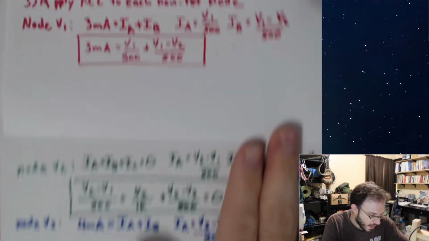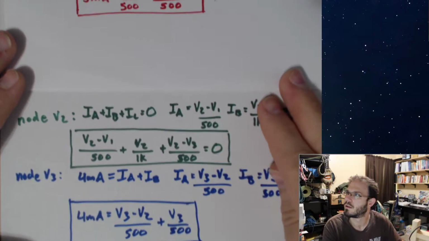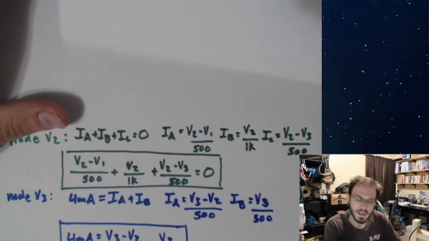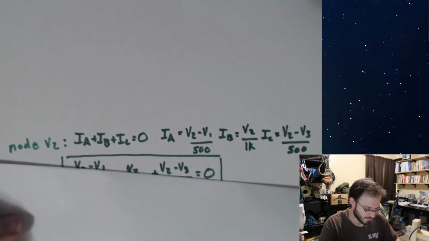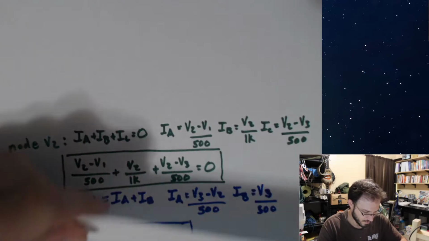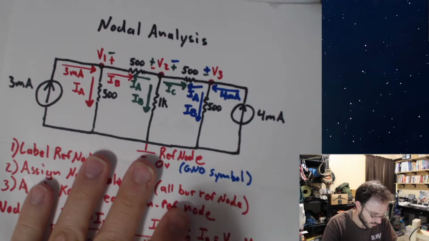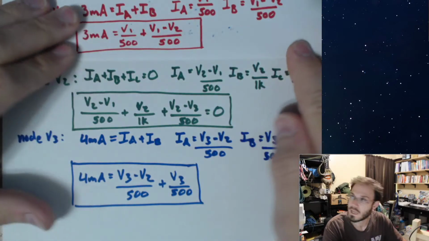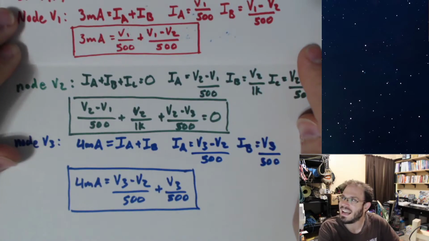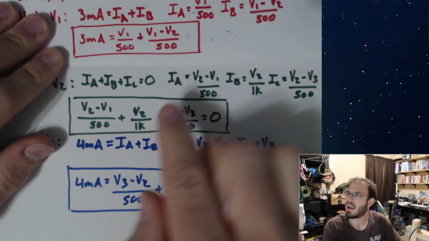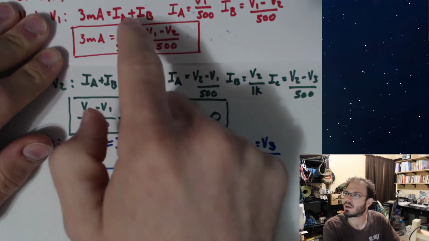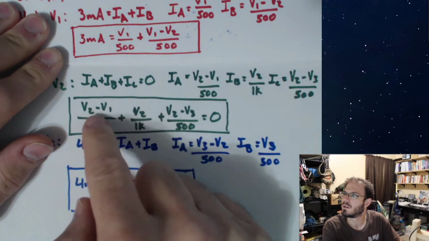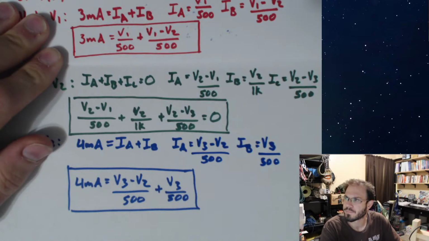Okay, so at this point, I now have 3 equations and I have 3 unknowns. My only unknowns in these equations are V1, V2, V3.